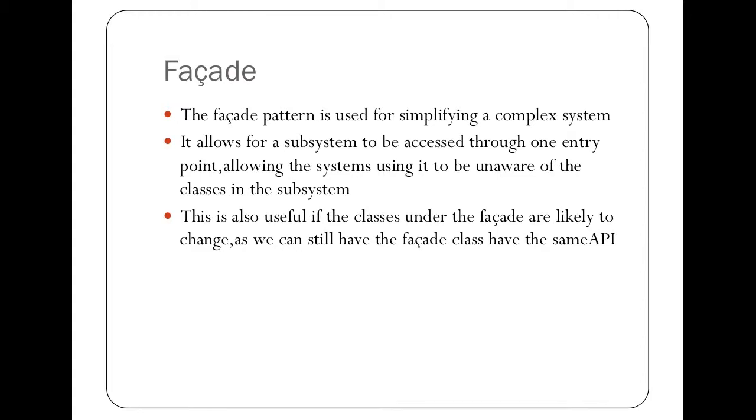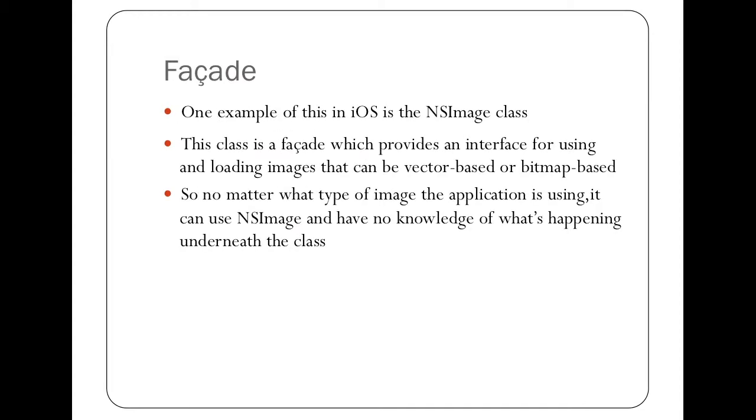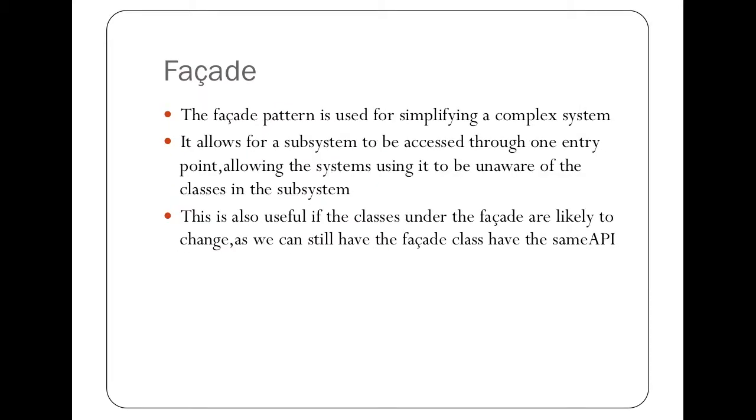Facade design pattern. What's a facade design pattern? It is simply a complex system accessed through one entry point, unaware of the classes in the system. Basically, one complex class is divided into sub complex classes, and you are allowed entry through only one point.